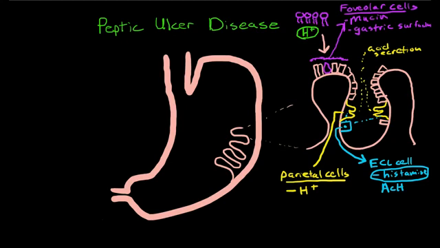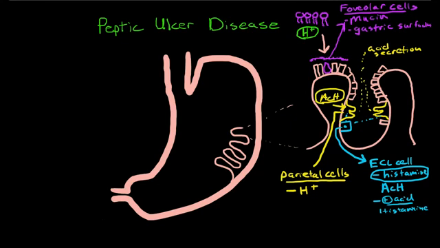Now, 20 years ago or so, we thought that this was the major stimulus for acid secretion, and we invented a class of medications called histamine blockers. It turned out that these work fairly well, but then we learned that parietal cells are actually directly innervated by and respond to acetylcholine themselves. So that's why histamine blockers do reduce acid production, but they don't decrease it all the way.